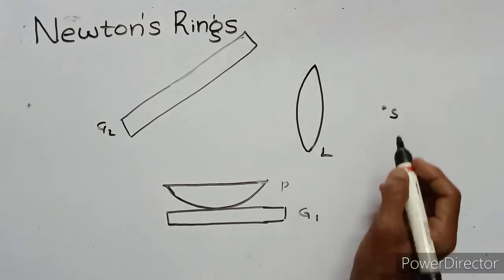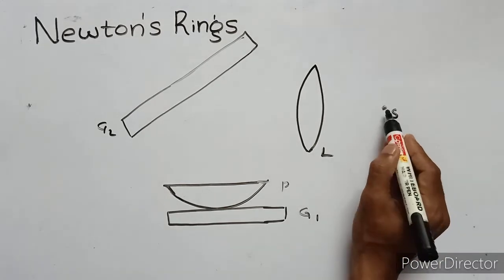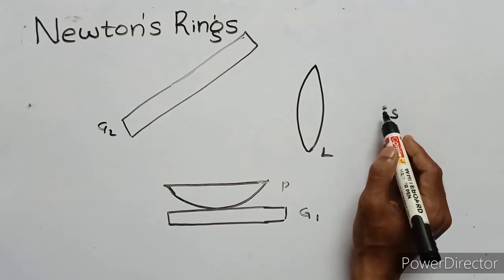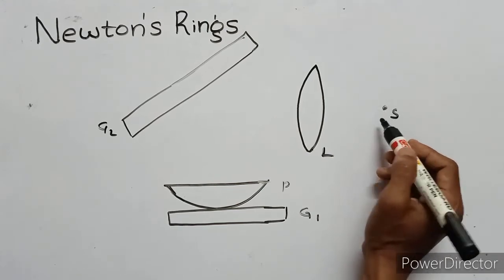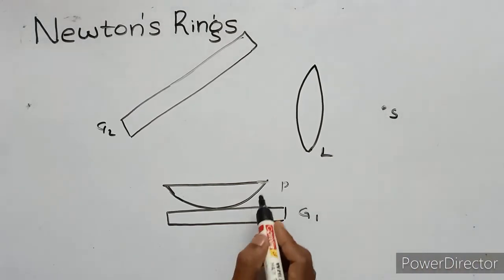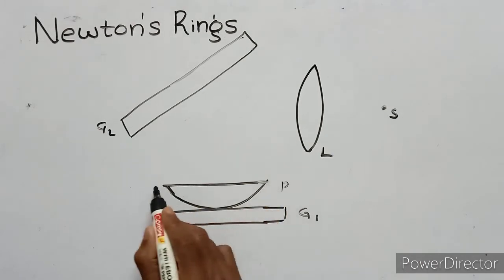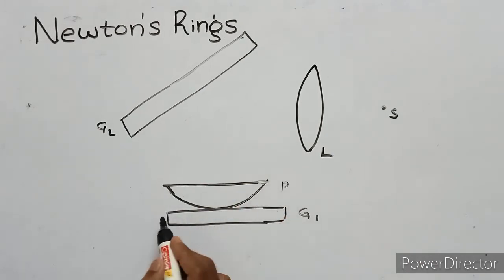First of all, in this experiment the plano convex lens P is kept on a glass plate G1.